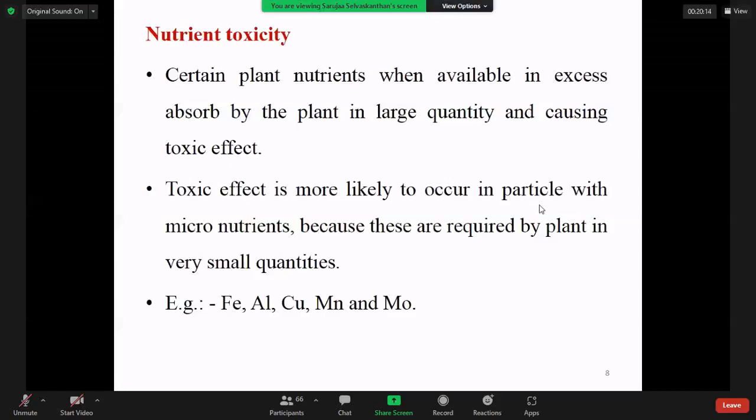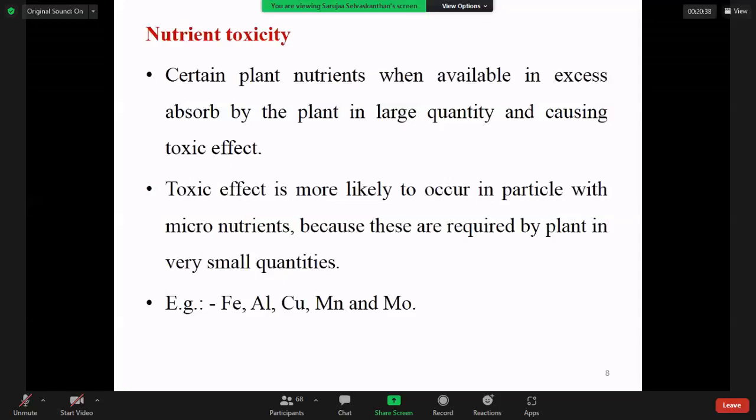Okay, toxicity means, first you studied that there is a minimum level or a certain optimum level. If the nutrients are below the optimum level, the situation is called deficiency. If it is higher than a certain amount, that's called nutrient toxicity. Now clear?